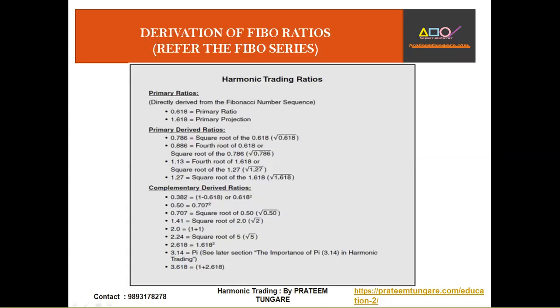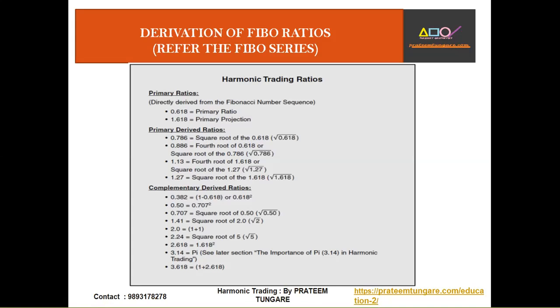If you don't know or don't understand this derivation, no issues. It is just for your knowledge. Primary ratios: 0.618 and 1.618 are known as primary ratios, as they are derived exactly from the nearest number.